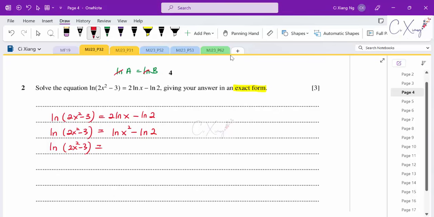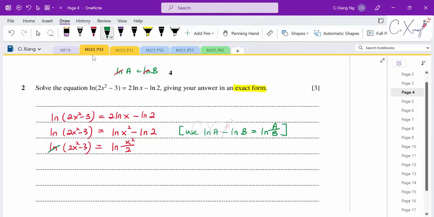For the right hand side, ln x squared minus ln 2, you can use the result that ln a minus ln b can be written as ln a divided by b. So basically this is what I'm going to use for this step. So I'm having ln of x squared divided by 2. Now you can see that both sides we only have one ln each.